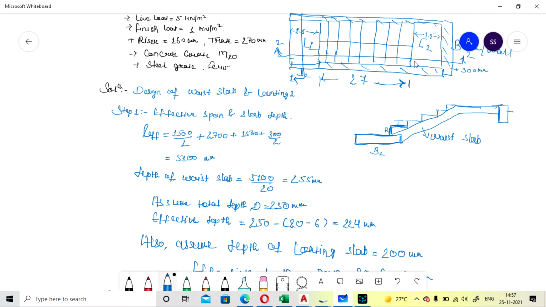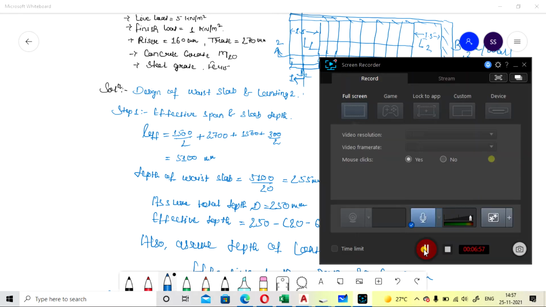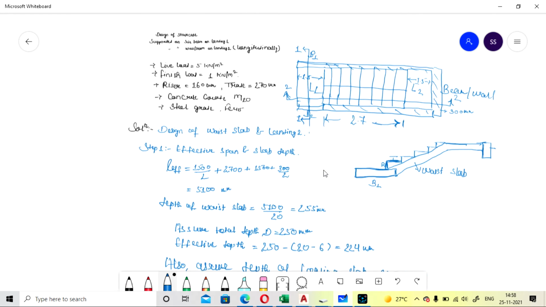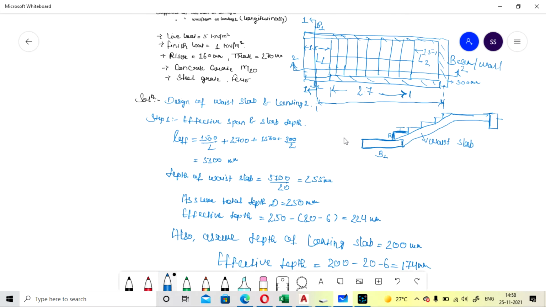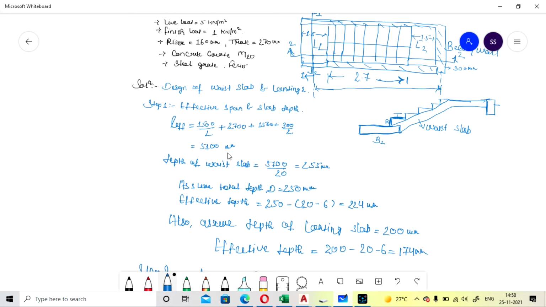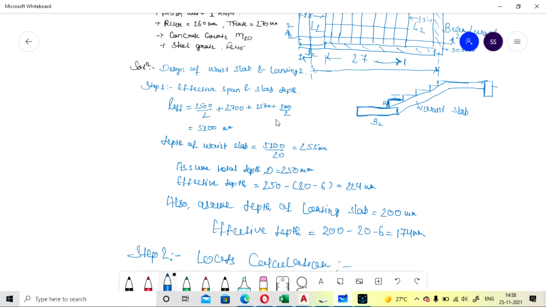For the 1.5 it is 750, so from here to the mid of this. Okay, so this will be the effective span. It will come as 5100 mm.